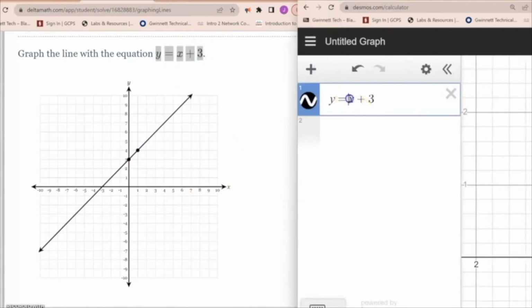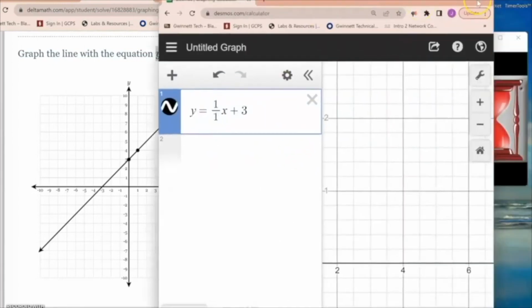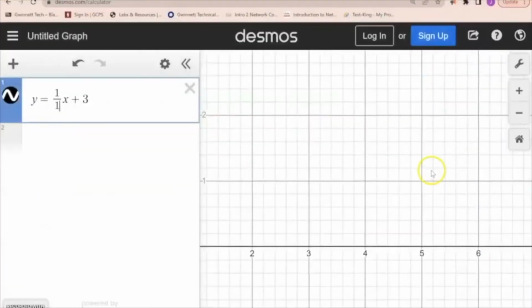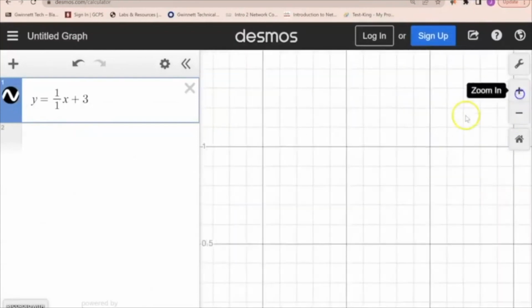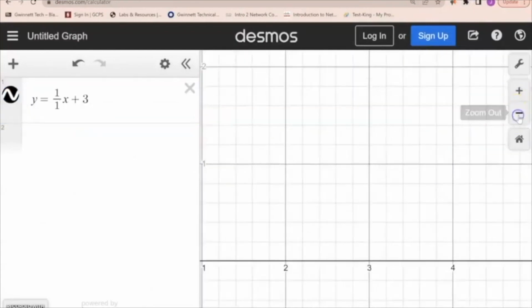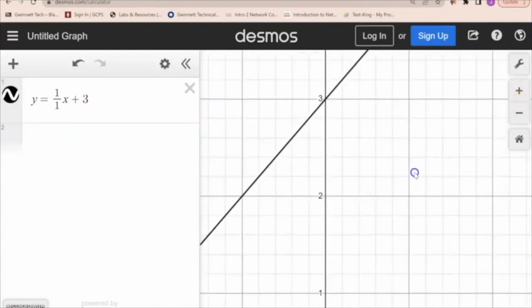All right, now remember, I just said invisible 1. So you don't have to type this in, but I'm putting this in to show you that it's the same thing no matter what. So where is this graph? Again, zoom out here, zoom out so you can see it. Zoom in so it goes up by 1s. You know, however you need to kind of see. So here's the graph right here.